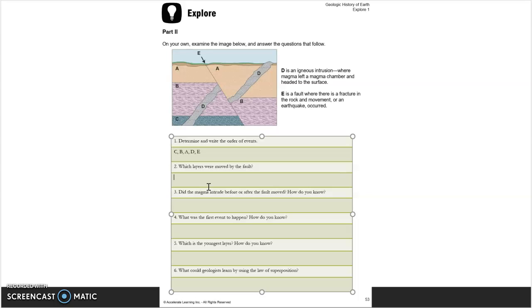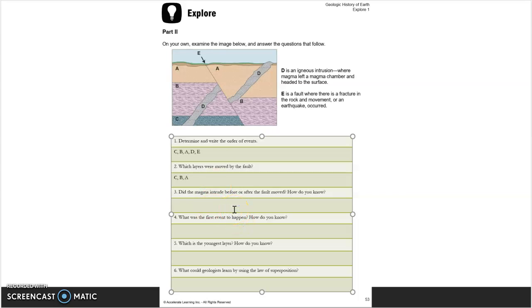So we know that all of those happened before E, and the magma intrusion, I'm sorry, I got ahead of myself. I said I gave you the layers and the intrusion. All right, so we're going to make sure we have the layers here.